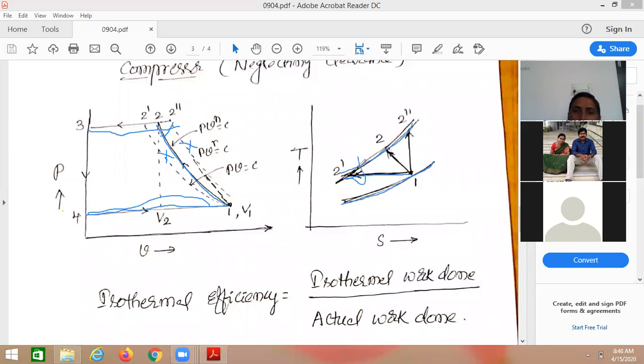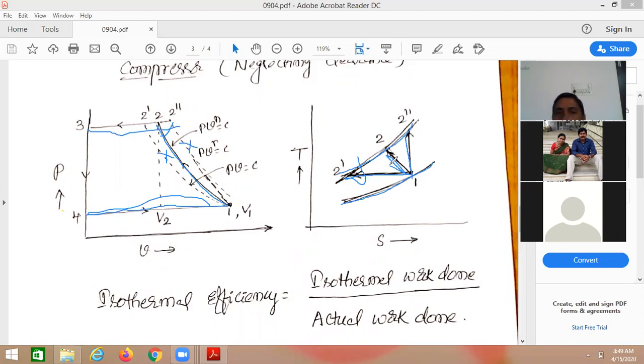During a reversible adiabatic process, what is observed? That is an isentropic, or constant entropy, process. So the polytropic process, or realistic compression process, lies between the isothermal and the isentropic, or reversible adiabatic, process. 1-2 is the practically possible compression process.